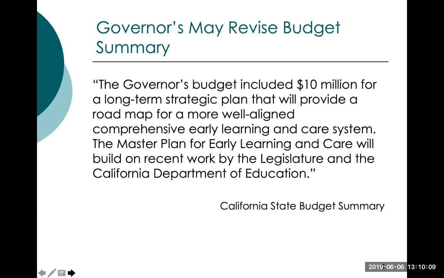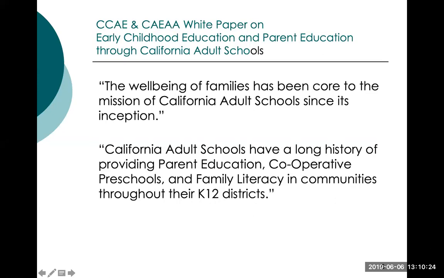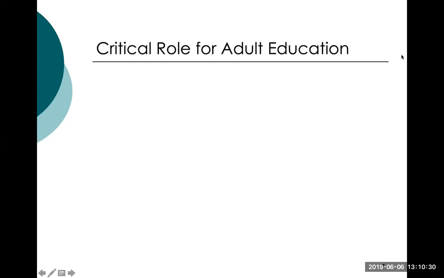So I saw that as an opportunity again to look at the role that adult education might play in that plan. So hearing about that focus, I was inspired to put my thoughts together and write what we've been calling a white paper about the long history adult education has in providing an array of educational programs in this arena.